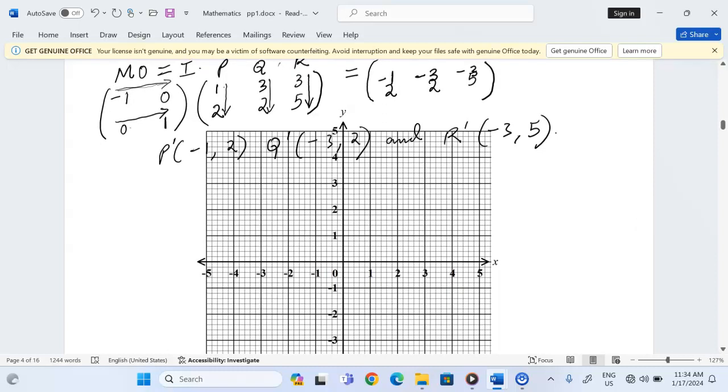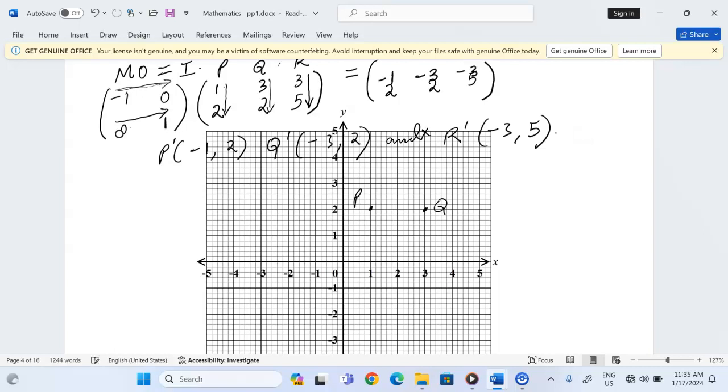This is P. Then we have Q, which is (3, 2). This is Q. And finally (3, 5), which is the coordinate at this point.